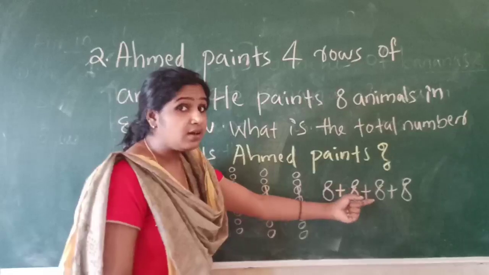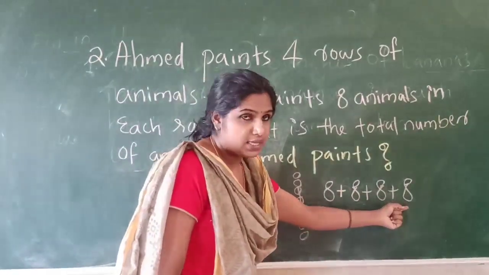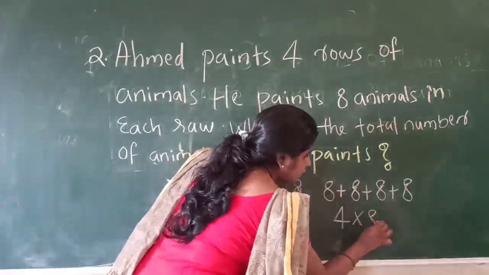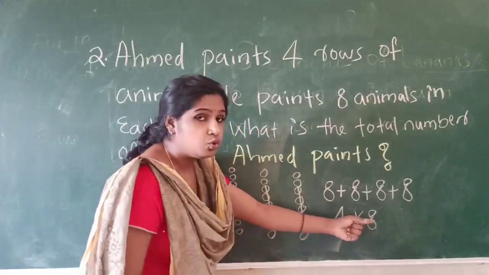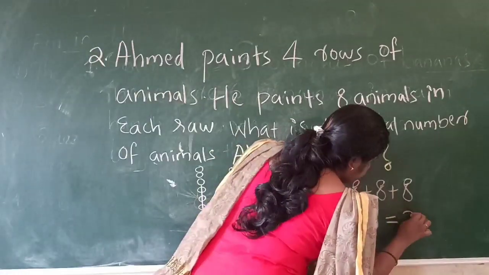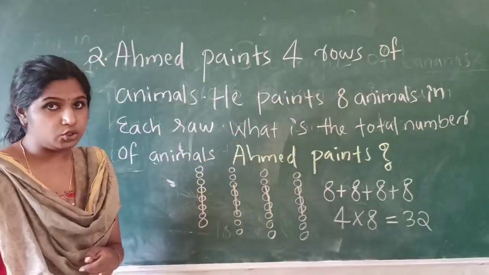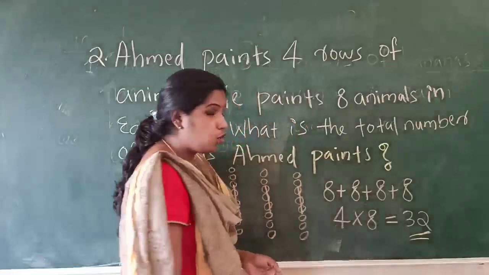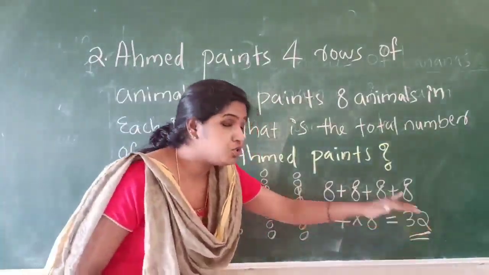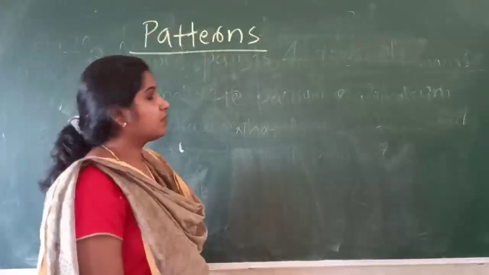How many 8s are here? 1, 2, 3, 4 eights. So we can write it as 4 times 8 or 4 into 8 equal to 32. So Ahmad painted altogether 32 animals. Get it? Is there any doubt?